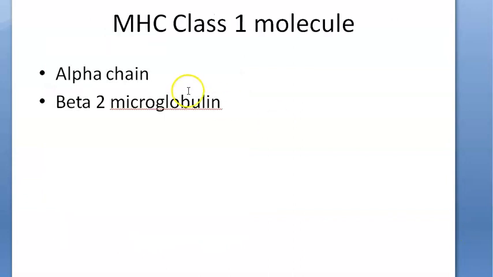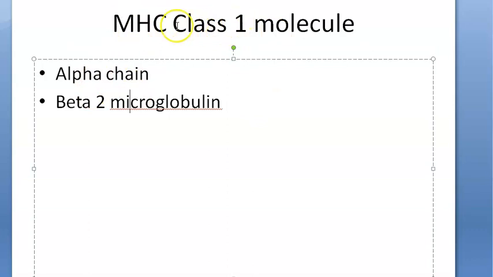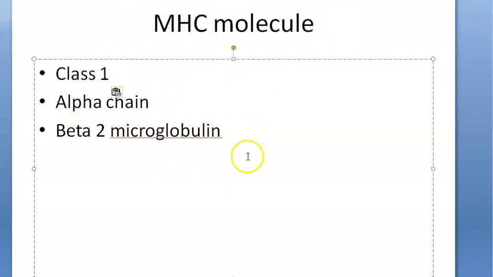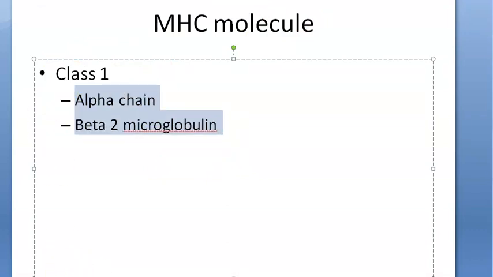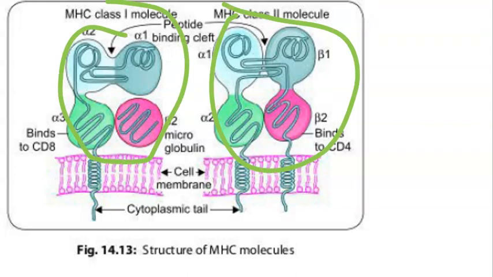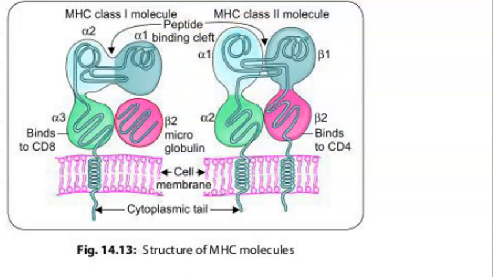Then the class molecules, how do they look? We saw how the class 1 molecule looks and how the class 2 molecule looks. We'll just show you the photo again. You can see the class 1 molecule here, guys. Class 1 molecule, class 2 molecule, and these have some alpha and beta units. In the middle, you can see there is a peptide binding cleft where the antigen has to bind, and let's make the antigen red.